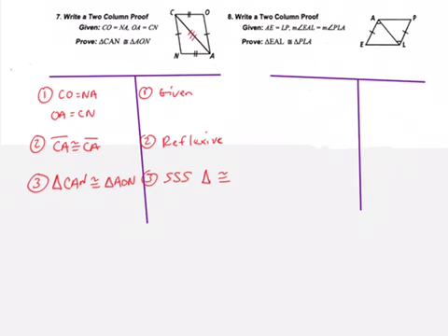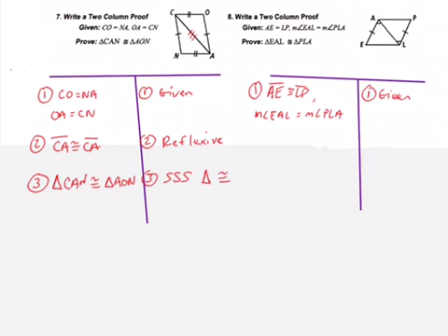In question 7, they've asked us to do another two-column proof. This time they're telling us AE is congruent to LP, and angle EAL is congruent to angle PLA. So once again, we restart our problem by stating the given. And once again, we don't have any special words in our given statement.